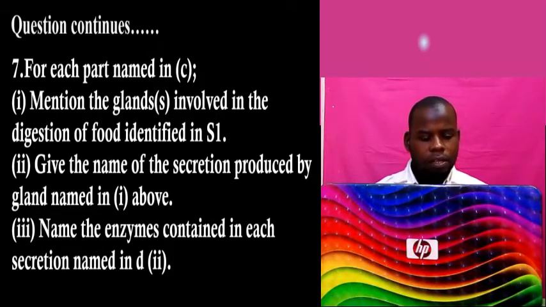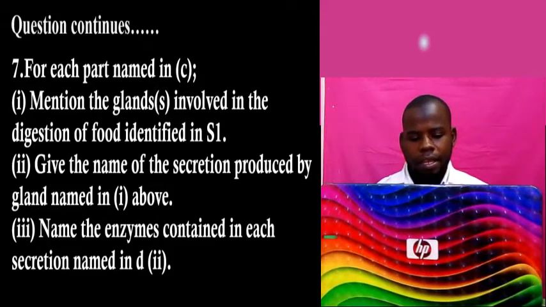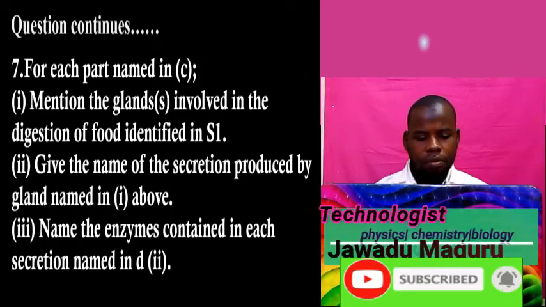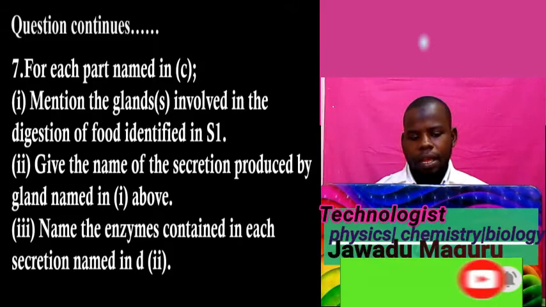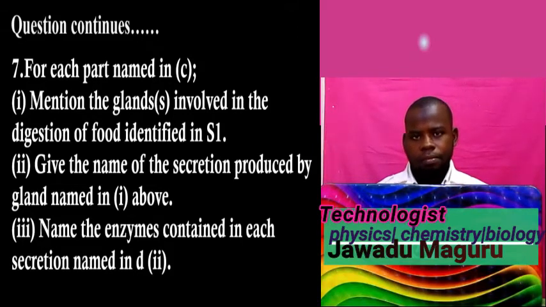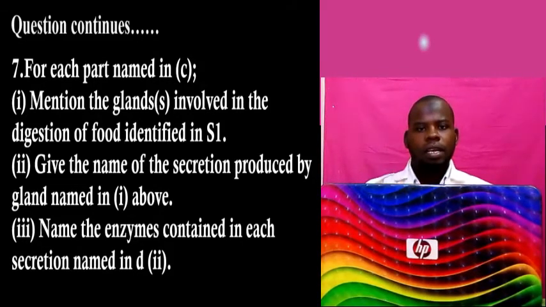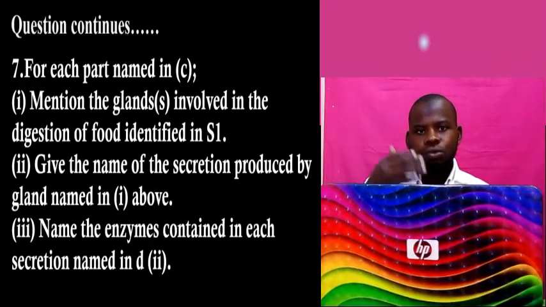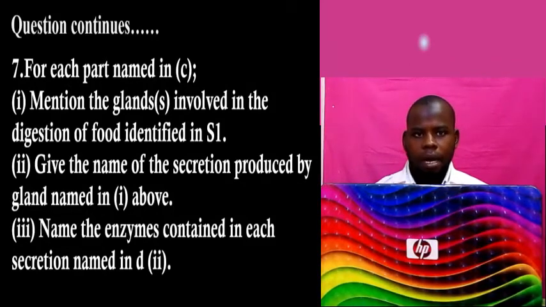Question number 7 Roman 3: name the enzymes contained in each secretion named in D2 above. In the last question we saw the juice, and this question needs the enzymes, because the digestive juice secretes enzymes. So name the enzymes produced by the juice mentioned above. The enzyme in the mouth is salivary amylase.